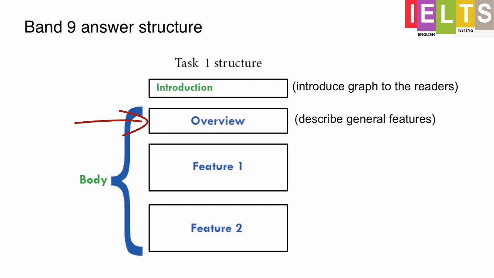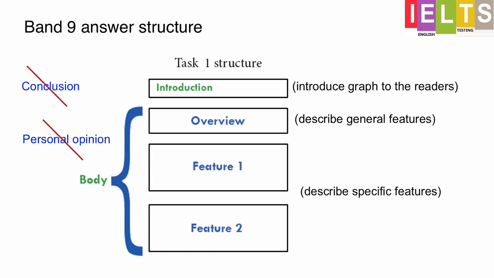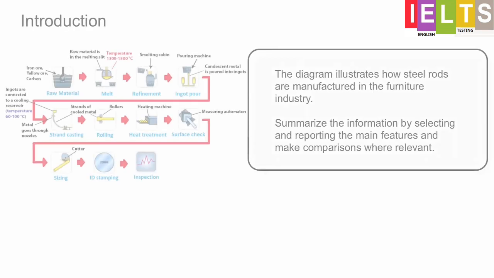There, you should describe some general features of your diagram. After writing the overview, you should describe specific features of the diagram, each in a separate paragraph. Never ever write conclusions or a personal opinion in writing task 1. Your task is to describe the given data, not to give your opinion. Well, enough generalities, let's start writing our Band 9 answer.